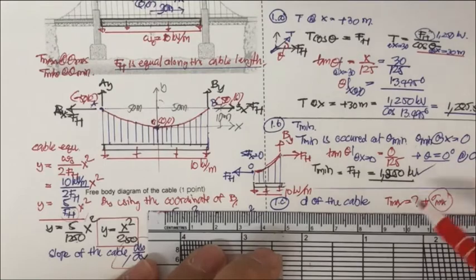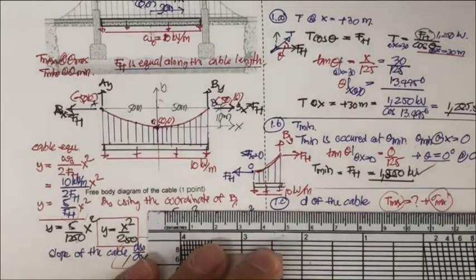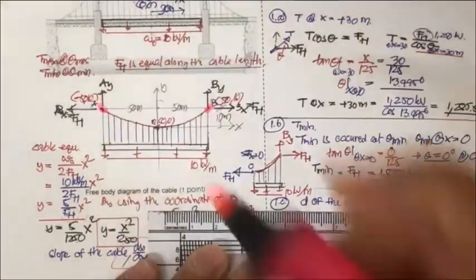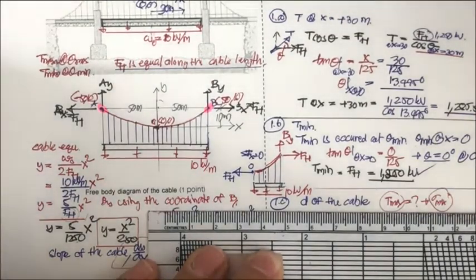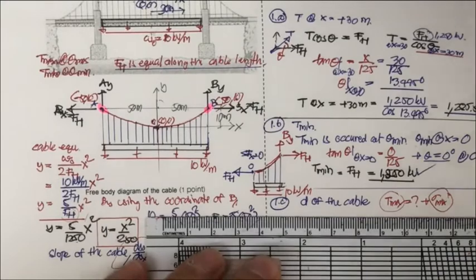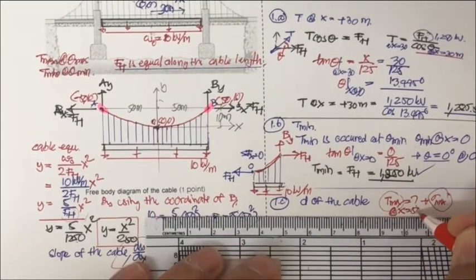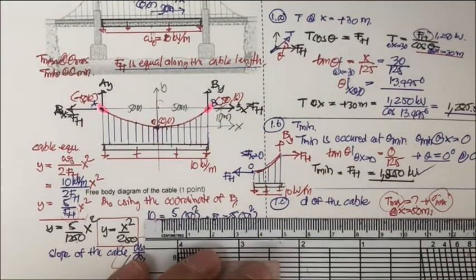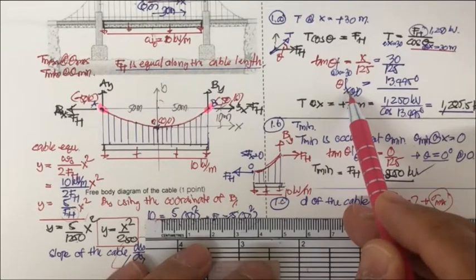We still don't know where T max will occur, but for sure, as I mentioned before, T max will be at these two points, with the theta max. So T max will occur at x equal to 50 meter. When that occurs at 50 meter, we can determine the theta.